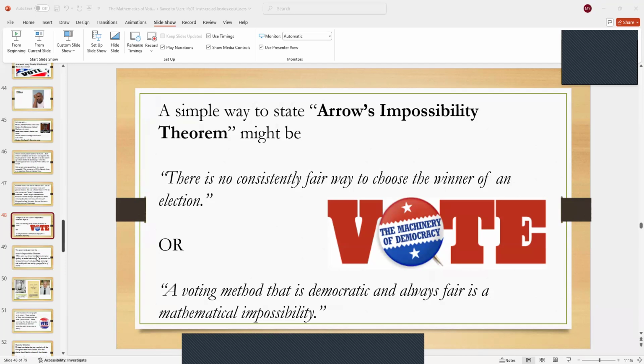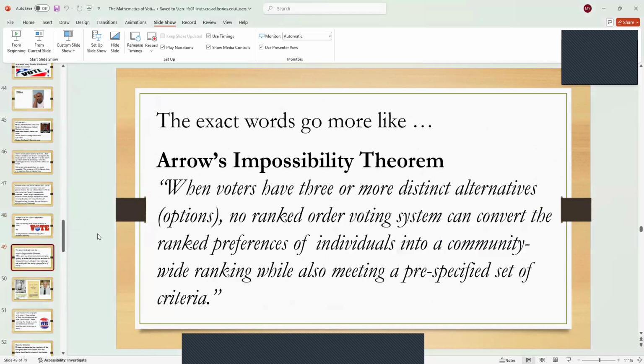But in 1951, Kenneth Arrow came up with what we call Arrow's impossibility theorem. It says, when voters have 3 or more distinct alternatives, no ranked order voting system can convert the ranked preferences of individuals into a community-wide ranking while also meeting a pre-specified set of criteria.